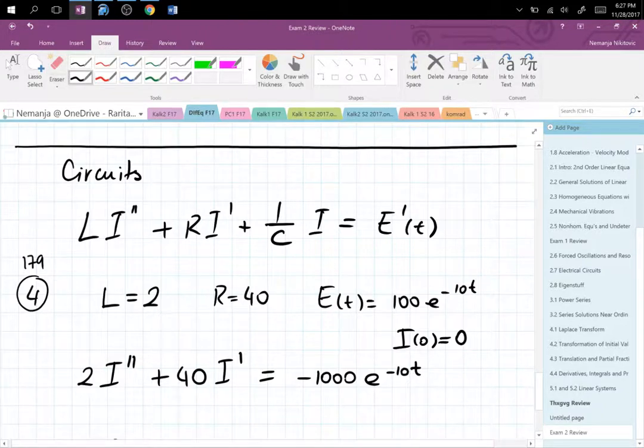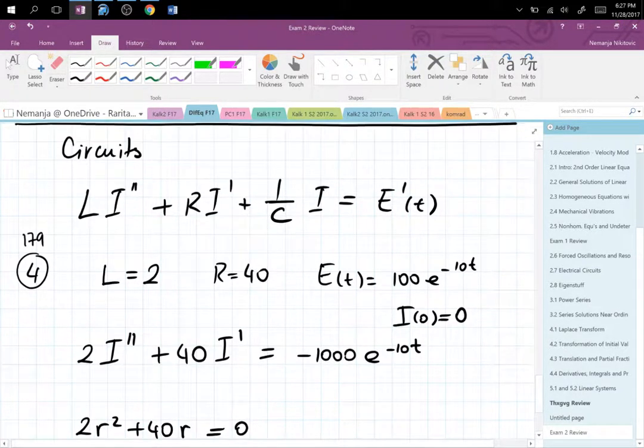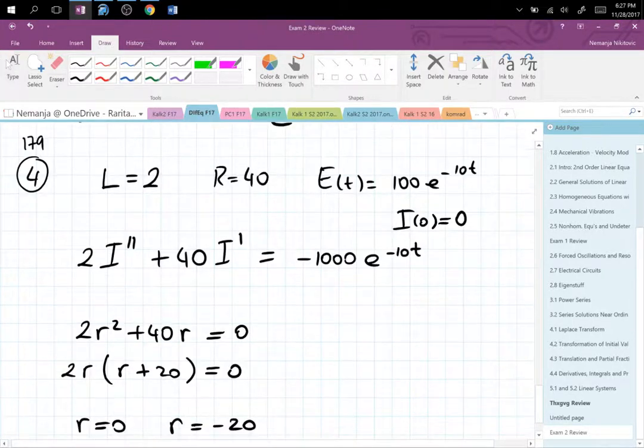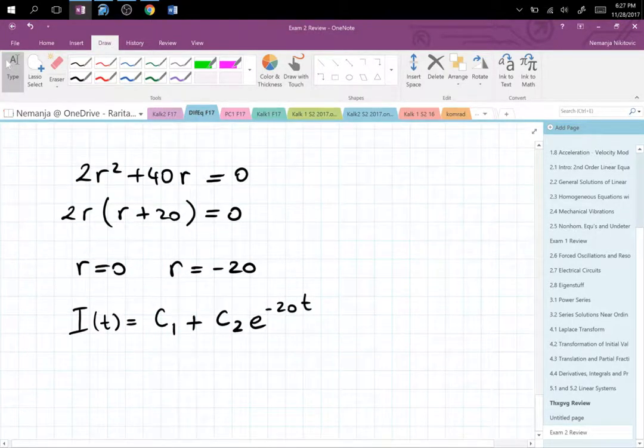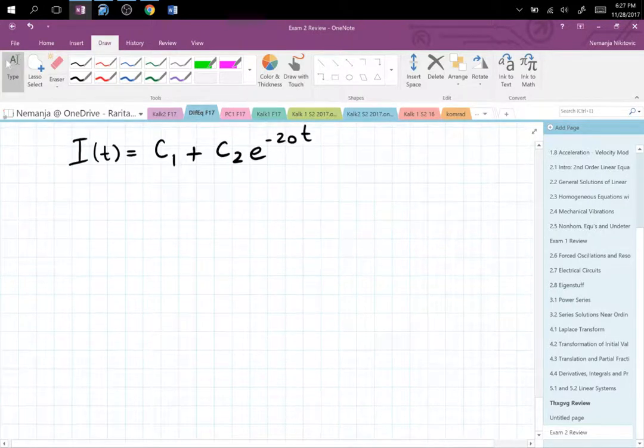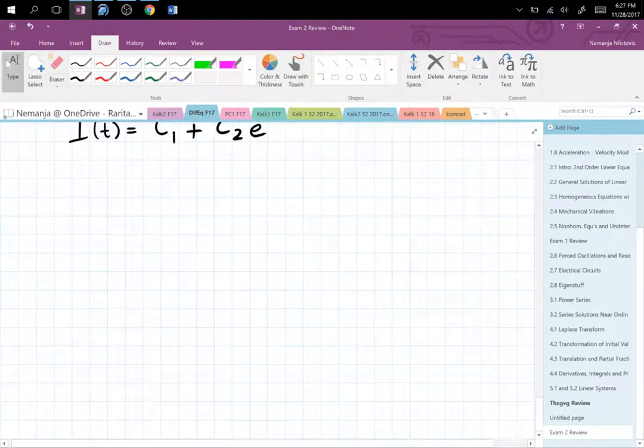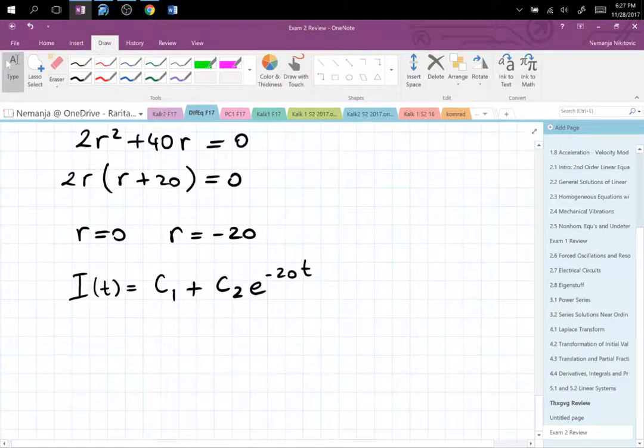We're solving for current, right? I is current, which is amps. So it's I of t. That's fine.